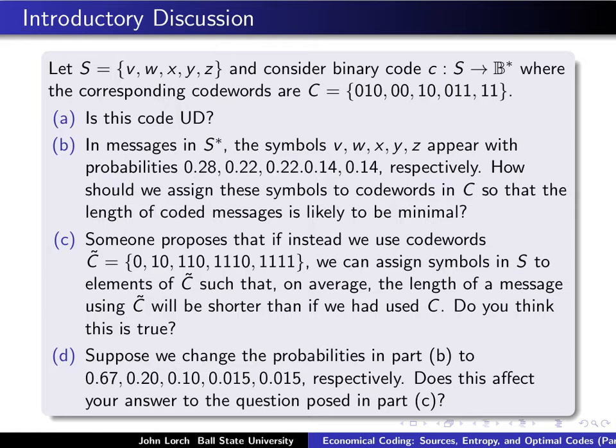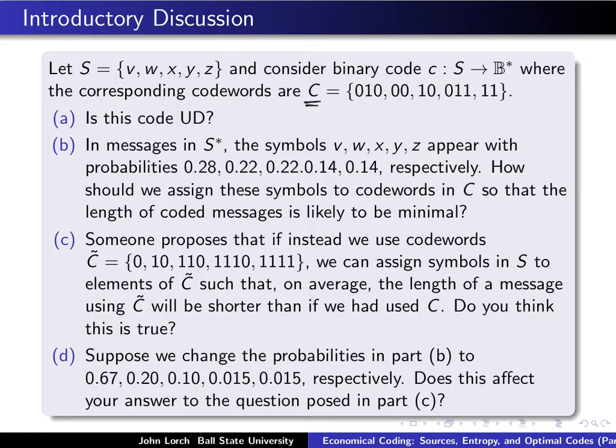Okay, at this point, I'm assuming that you have paused the video and thought about some of these questions. So the first question, part A, is whether the code that we've been given is uniquely decodable. So here's our code, and how would we know whether it's uniquely decodable?